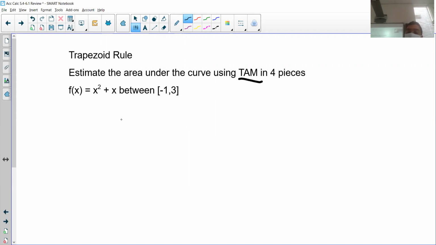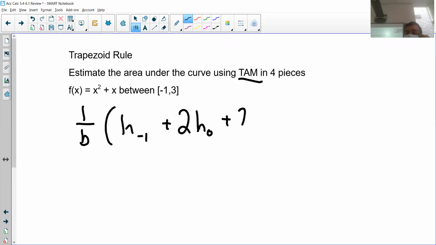When we do the approximation with trapezoids, it's 1 over the base times your first height, so your height at -1, plus 2 times your middle height, so your height at 0. Oh, I'm sorry, it's b over 2.